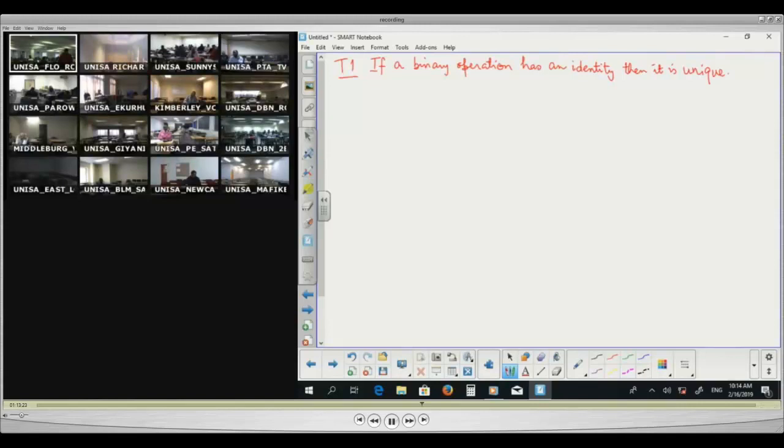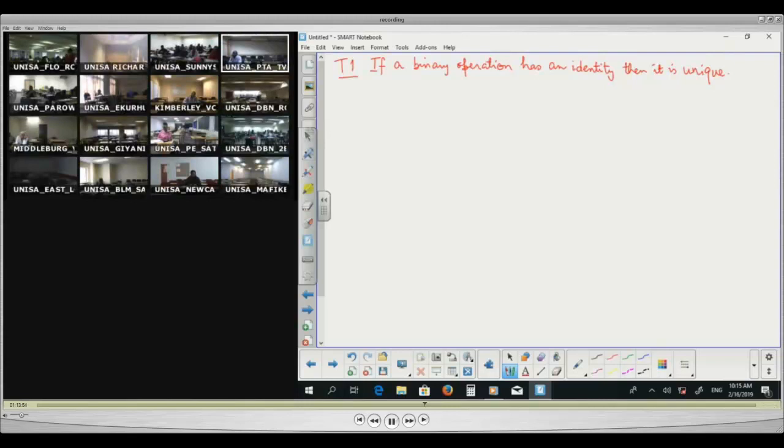Does it depend on the operation? Yes, the identity is always for an operation. As we saw, the reals with multiplication, the identity is 1. The reals with addition, the identity is 0. I didn't say unique in this way, because the identity depends on the operation.